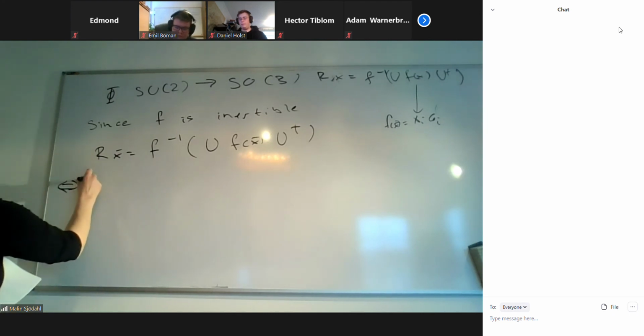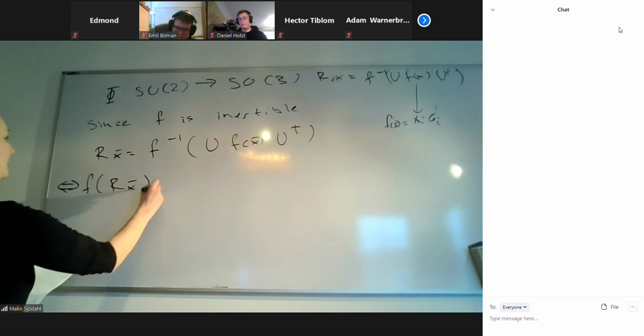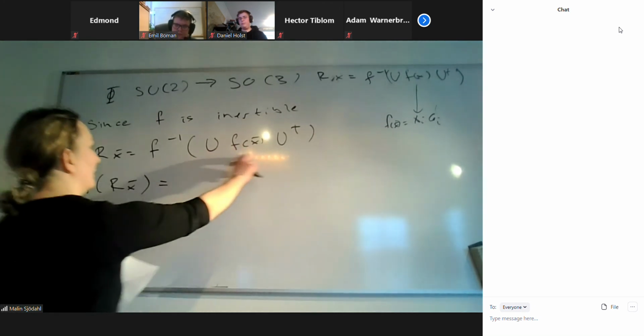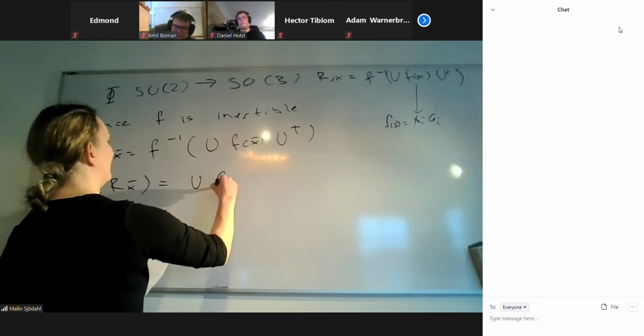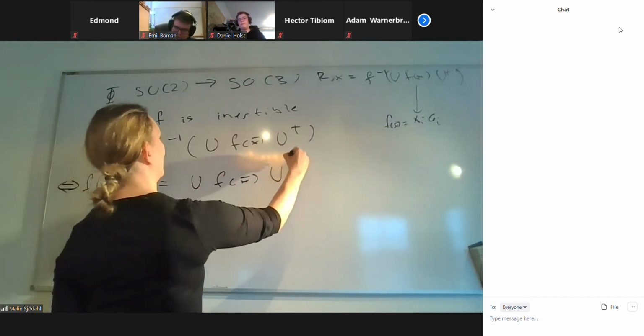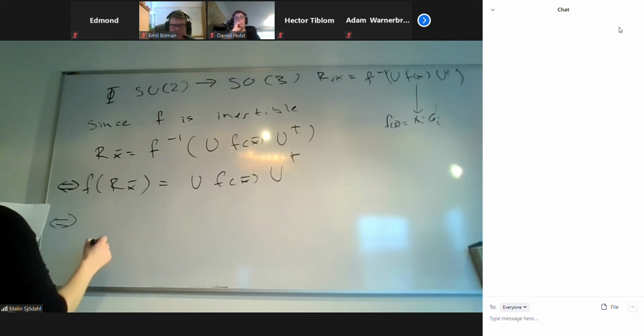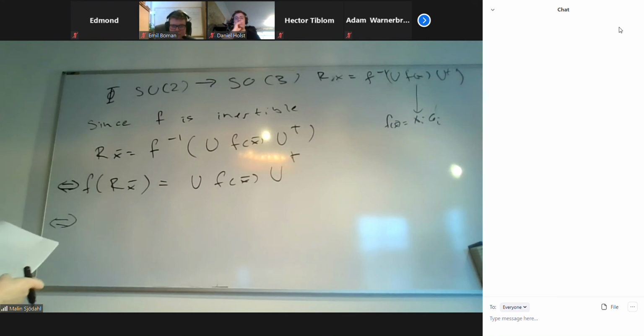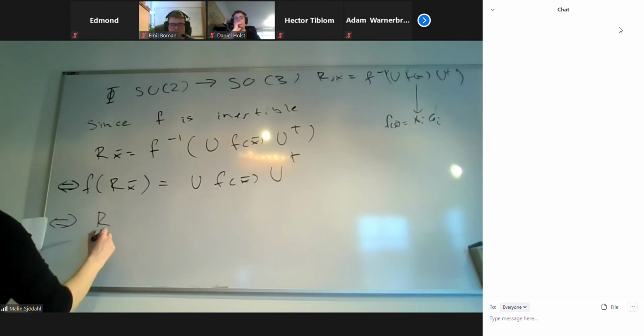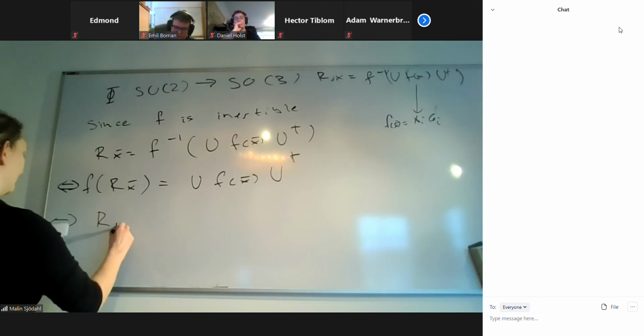So F of R x is then F, this is just R_kj x_j.